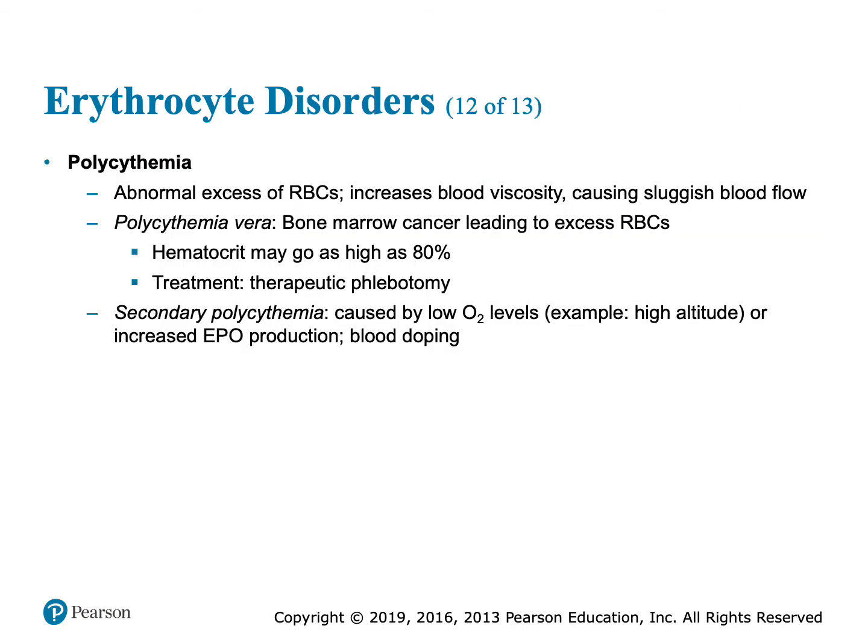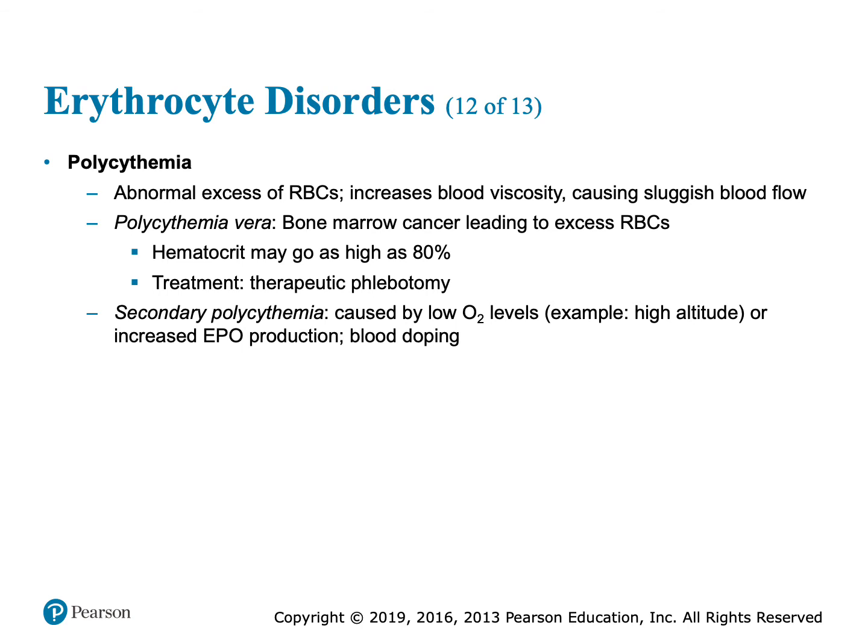That's all. Okay, polycythemia. Poly, too much. Too much cells. So when you have polycythemia vera, this is a type of bone marrow cancer that leads to too many red blood cells. So it's just too thick.